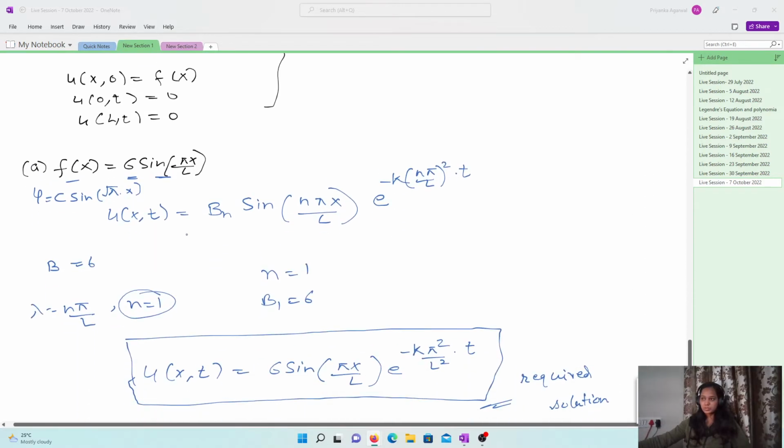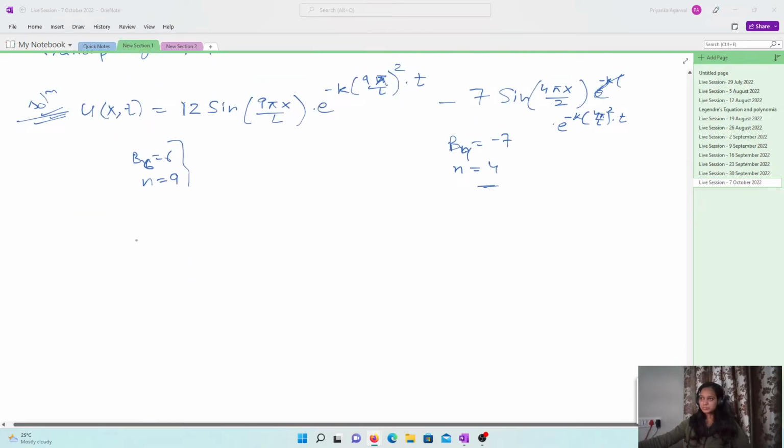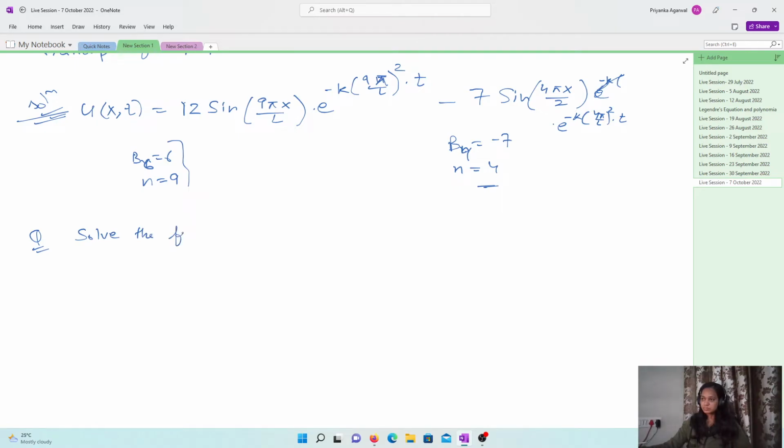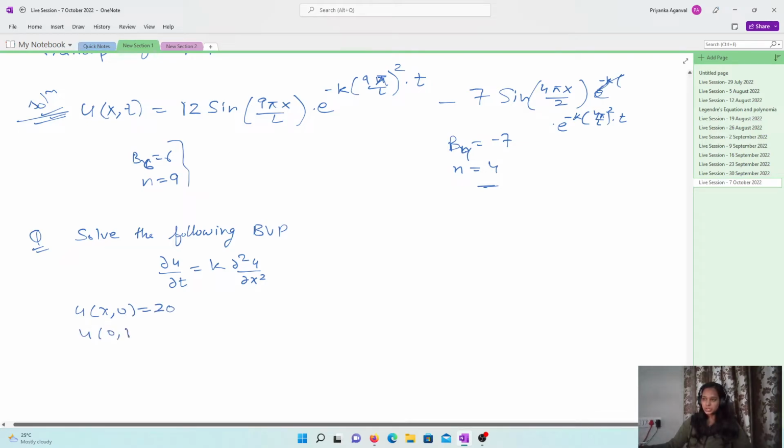Okay. So now for this only, solve the following boundary value problem, which is del u by del t equals k del square u over del x square, and we are given that u at x comma 0 equals 20, and u at 0 comma t equals 0, and u at L comma t equals 0.